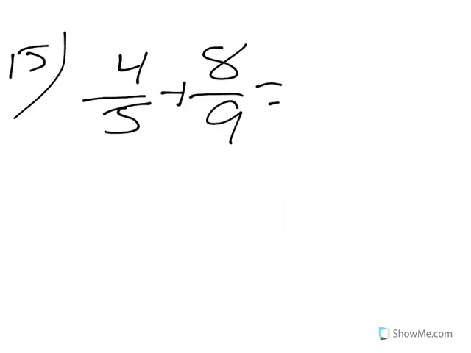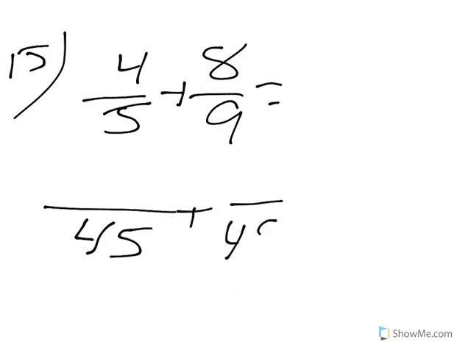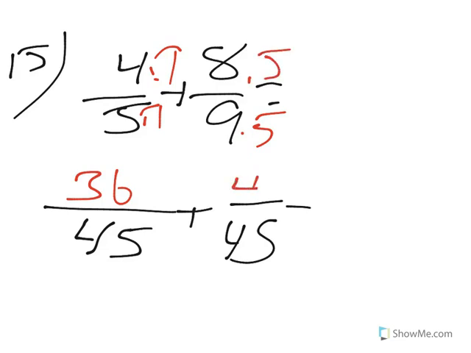24ths. Again, I'm adding fractions. I don't have the same denominator. I put it in my sled. I know my common denominator is going to be 45. So I happen to know that 5 times 9 is 45. So 9 times 4 is 36. I know that 9 times 5 is 45, so 8 times 5 is 40. Again, I have the same denominators, so I keep my 45.